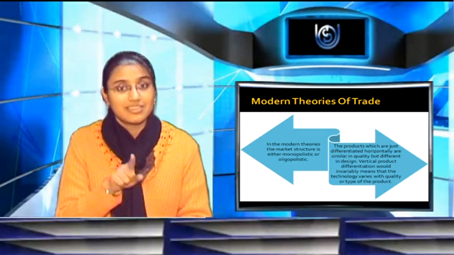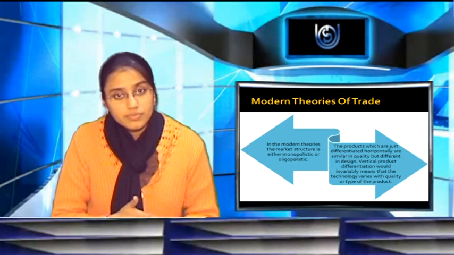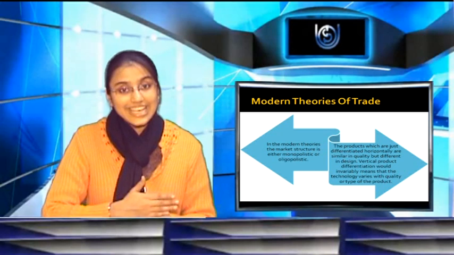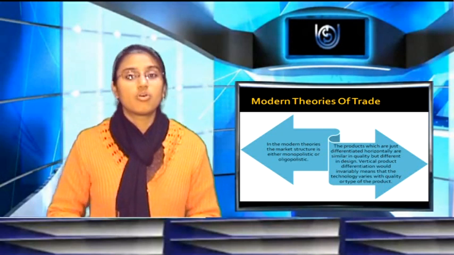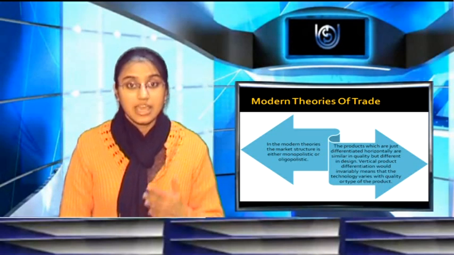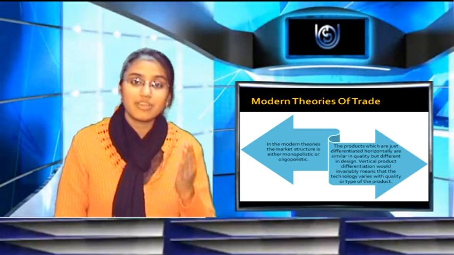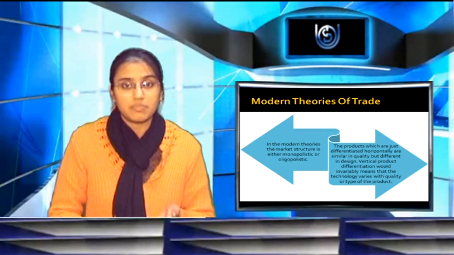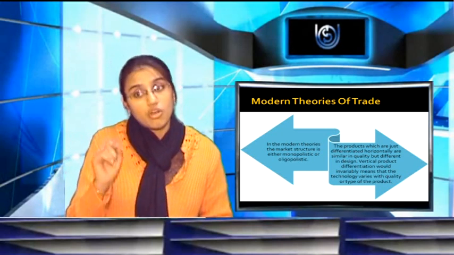That means there is a large number of producers dealing in different products with different qualities. So that makes the modern theories of trade. There were many producers dealing with different products, having different qualities and designs of that product. At the same time, this will give rise to competition also.